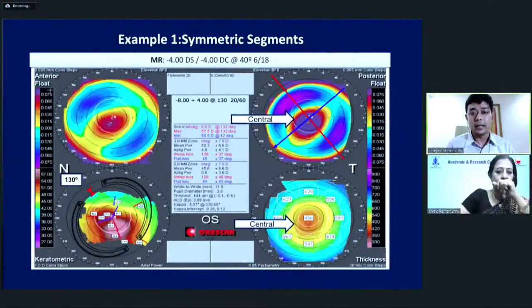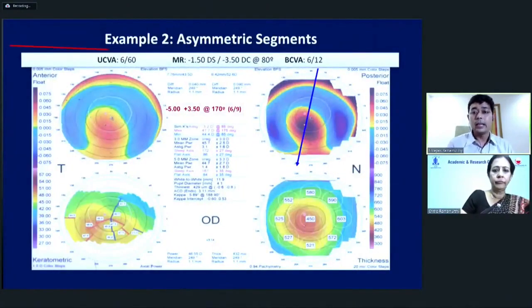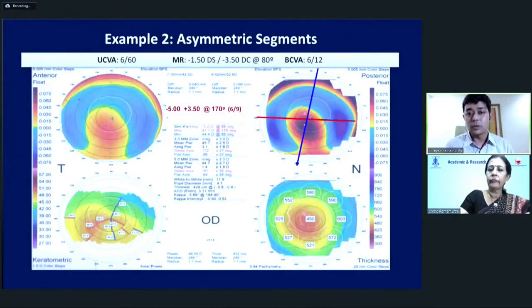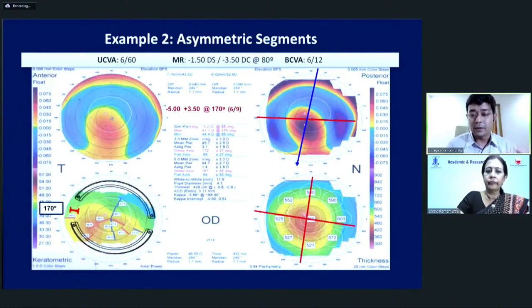But looking at the other example, a decentered cone like in this particular patient, where we use asymmetric segments, it's the cylindrical power that we look at while choosing the ring from the nomogram. Even after transposing, the cylinder magnitude is not going to change. So it is 3.5 diopters in this individual case.